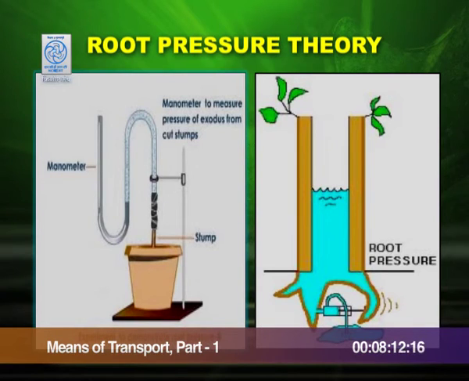Now, what do you see in the diagram? In the figure, you see a watered plant which has been connected with a manometer to measure pressure of exudation from cut stems, and the adjacent diagram shows the exudation that demonstrates root pressure.